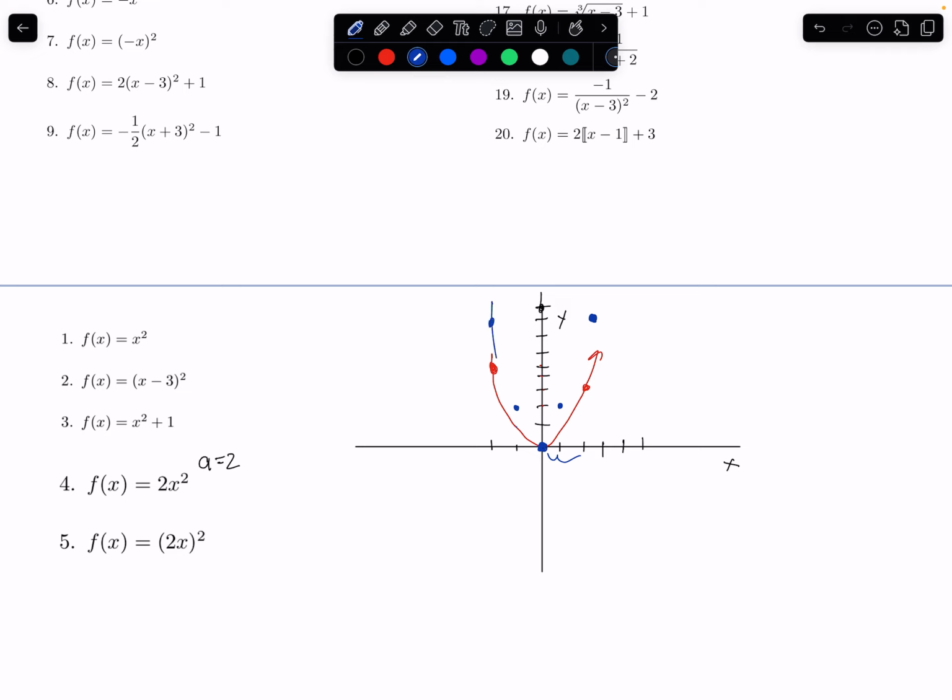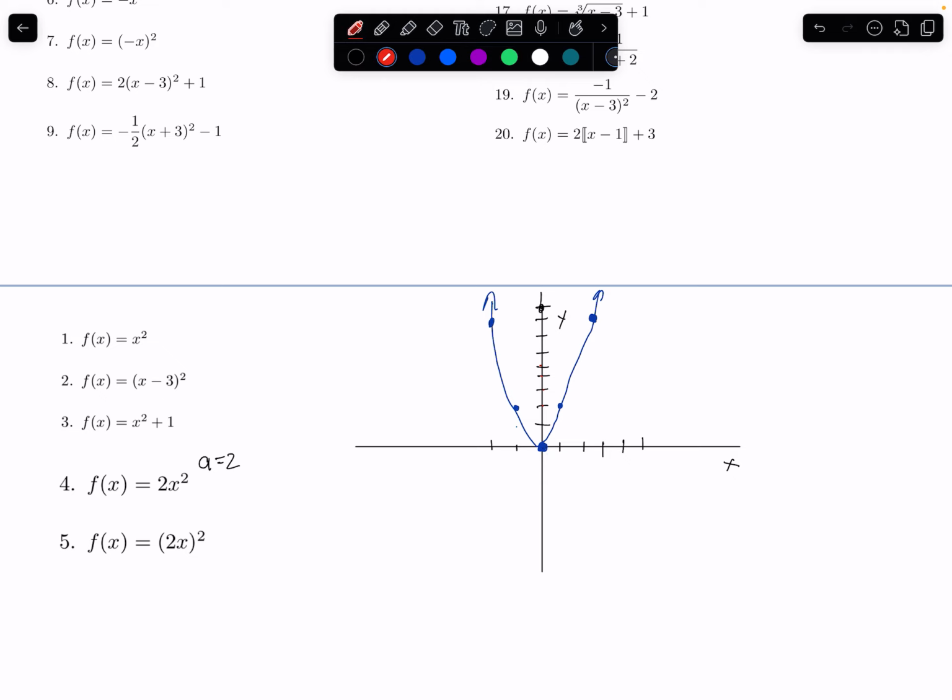Okay, so now connecting the dots. You see how it's stretched vertically compared to the original graph. Original graph would have looked more like this. Actually, it's kind of drawn poorly. Look more like something like that, yeah. So let me redraw the original graph to compare.